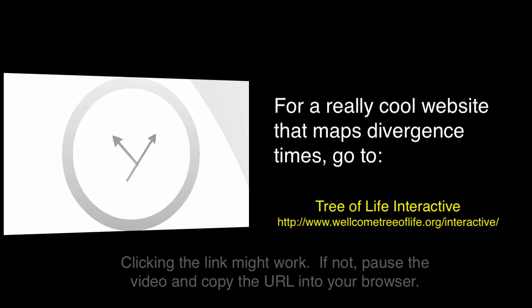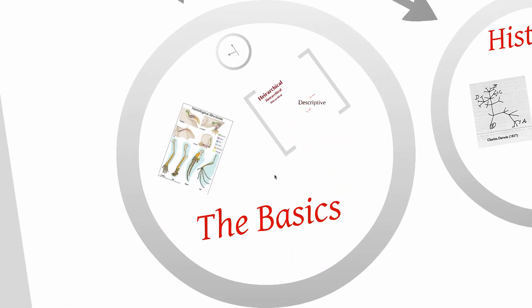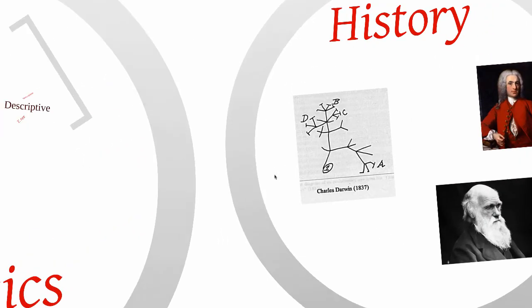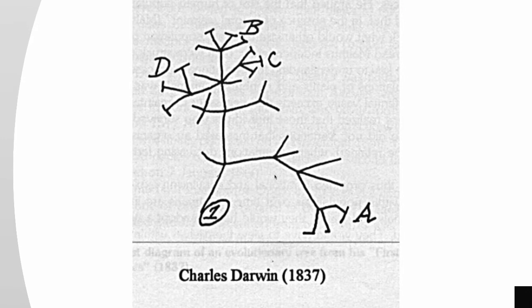So we'll get to this idea of divergence when we study this more formally, but I just wanted to mention this now. And I think that maybe in order to understand this, we can go back to Darwin's tree here.